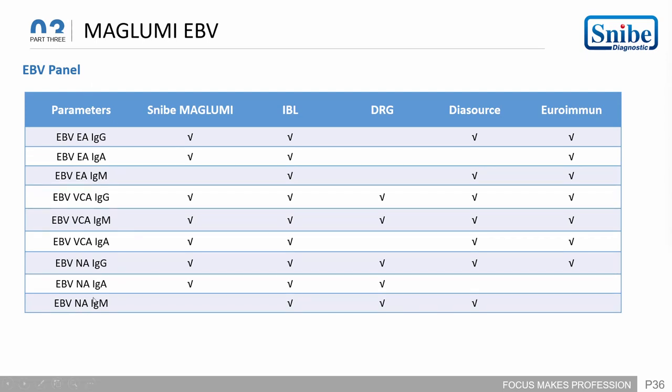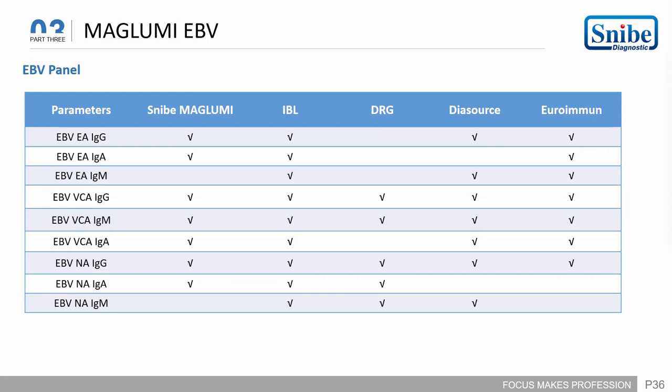And then EBV NA IgM is also missing from the Maglumi platform. But these are all available from Euroimmun, which is also missing NA, EBV NA IgG and IgM. And a few are also missing from DRG and Diasorin, while IBL has more comprehensive panels.